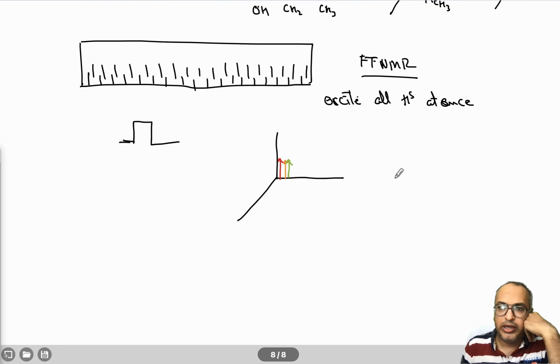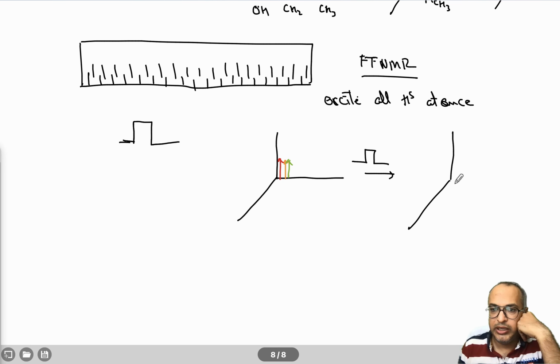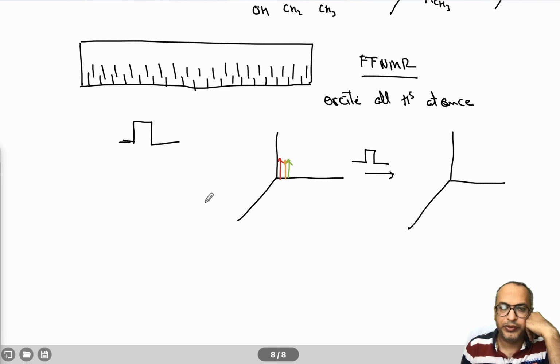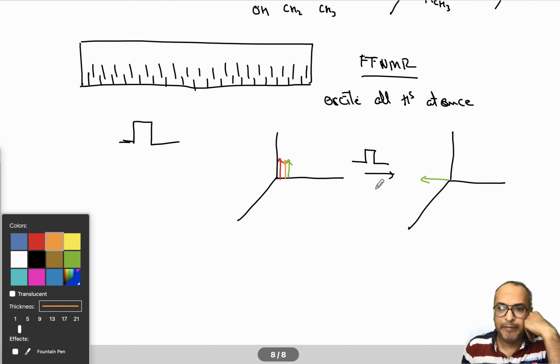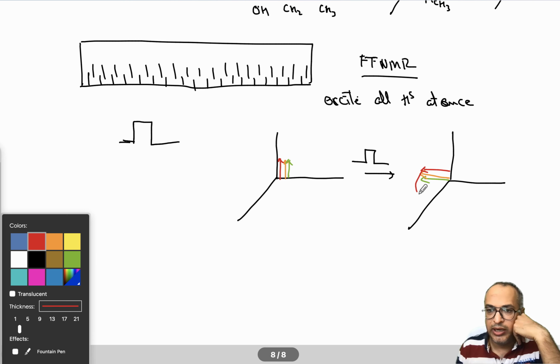Okay, now upon excitation, upon giving an RF pulse, all 3 are excited at the same time. Now this will relax back at its own frequency.